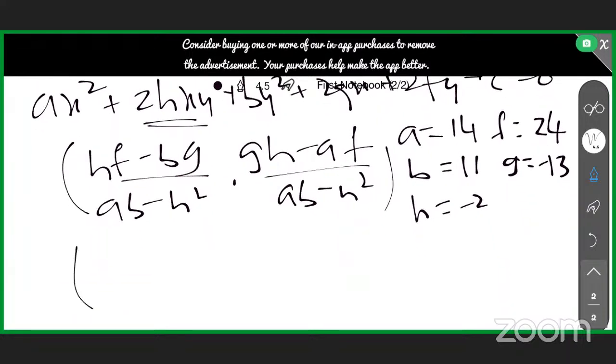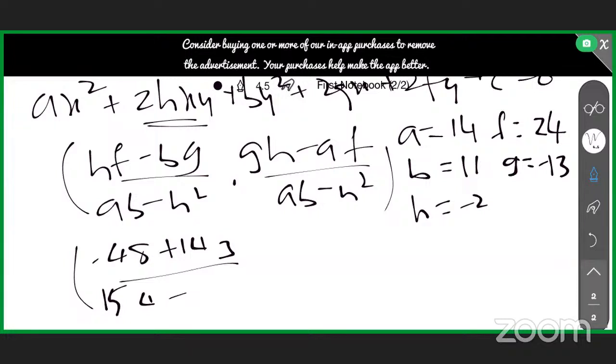HF, minus 2 into 24, is minus 48. BG, 11 into minus 13. 13 ones are 13, 13 ones are 13, plus 1 is 14, so minus 143. Then AB: 14 into 11 is 154.